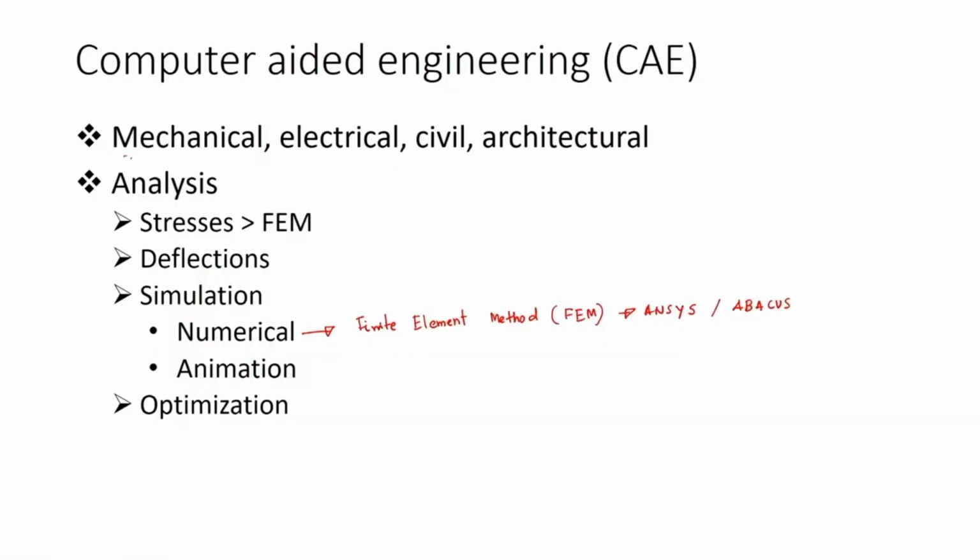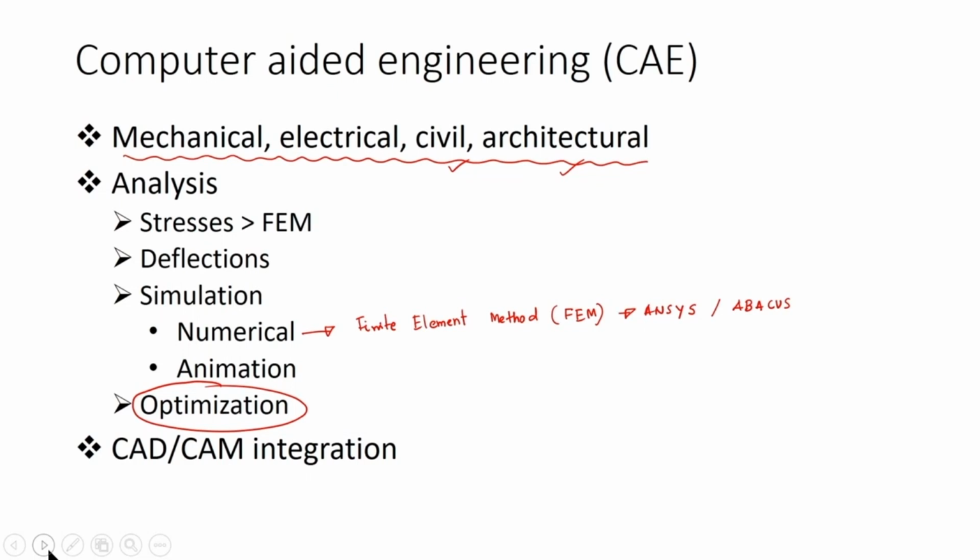This analysis is very important to find out the optimal values of the parameters for the intended purpose. It may be a mechanical product, a civil product or an architectural product. So we have to come up with the final values of the parameters. Moreover, CAD helps us develop the process plans or the production plans.